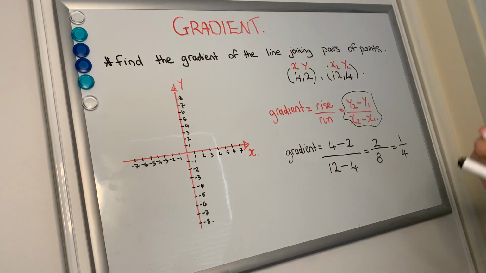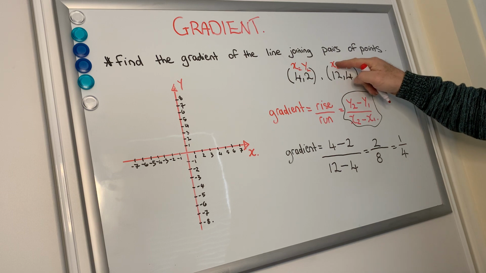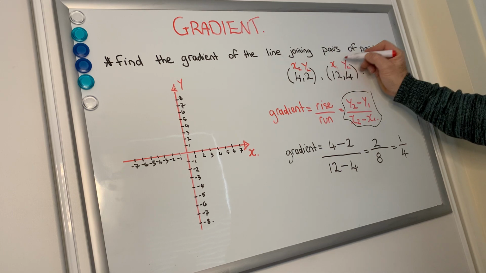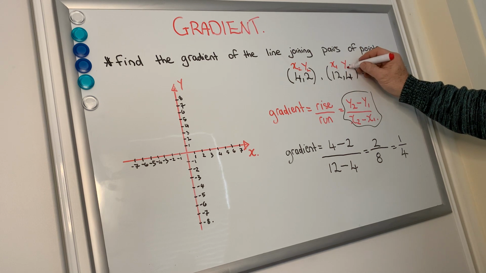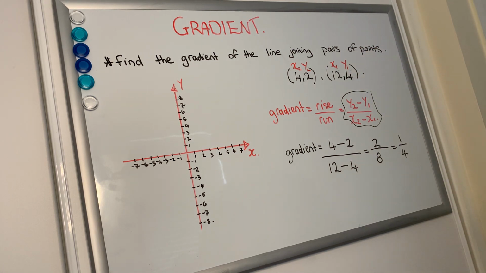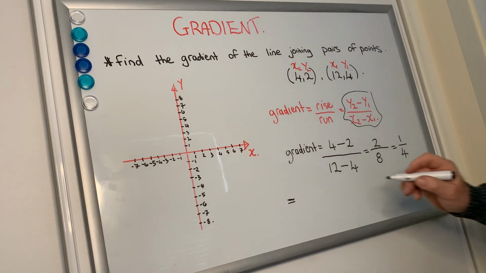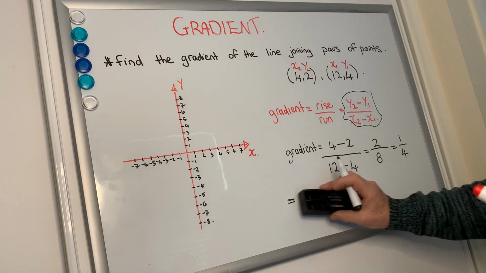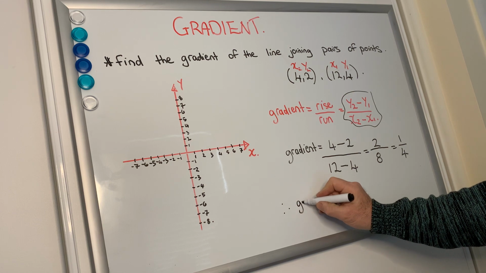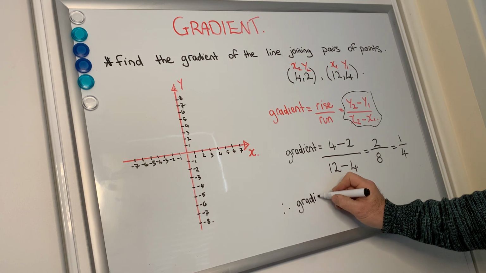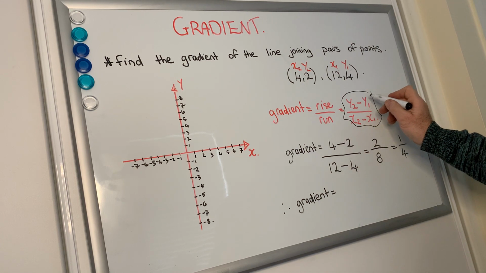I'm going to make this one x2, y2, and change this one to x1, y1. Going through the same formula, gradient is equal to y2 minus y1.